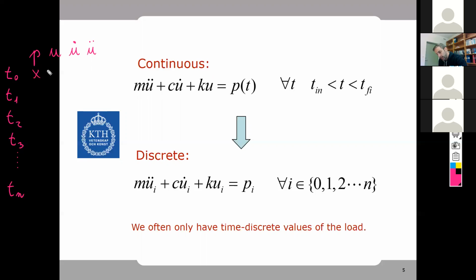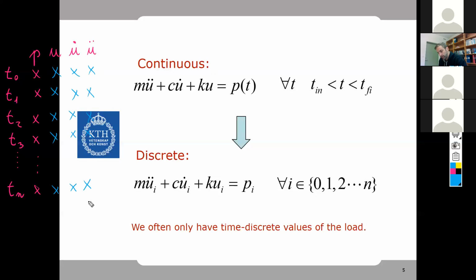And of course, all these values are given. The force is an input to our calculation, so we need to know it before we calculate. But all these other values I'm going to calculate: all the values for the displacement and for the velocities and the accelerations.